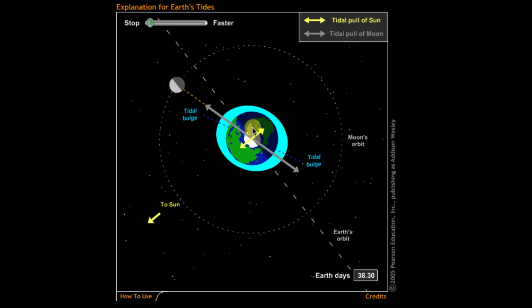And the reason for that is because the Earth is rotating. So the Earth is rotating kind of under this bulge. And what that does is it causes the bulge to kind of be dragged forward a little bit ahead of the moon. So this bulge isn't pointing directly at the moon, but rather it's pointing a little bit ahead of the moon. And that drag causes a couple things.